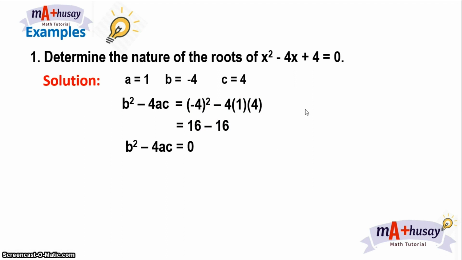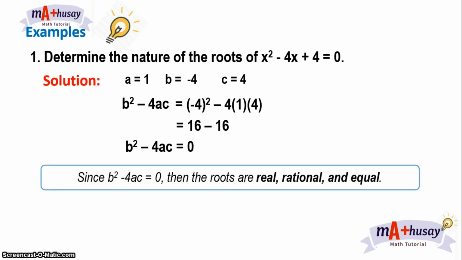Now, we can describe the nature of the roots of x squared minus 4x plus 4 equals 0 as real, rational, and equal. We say that it's real, rational, and equal by factoring this equation. As you can see, x squared minus 4x plus 4 equals 0 can be factored as the quantity of x minus 2 squared equals 0 because that is a perfect square trinomial, right?